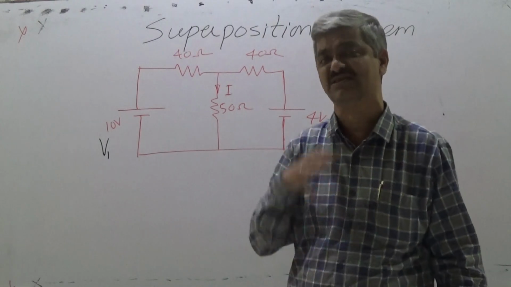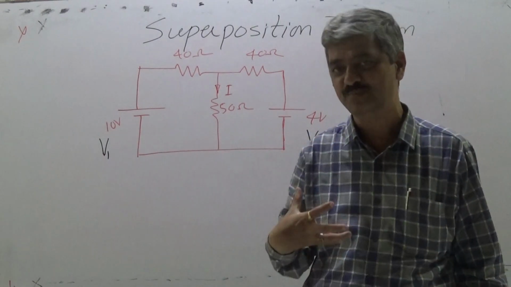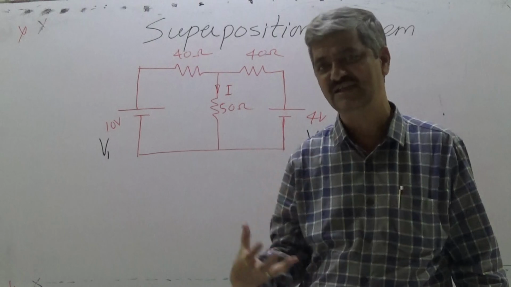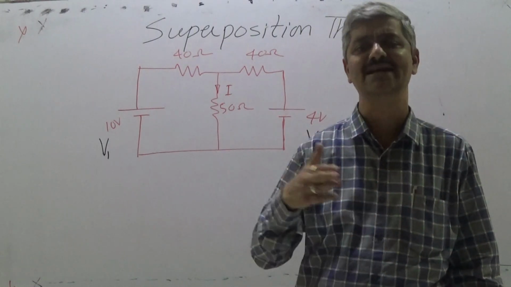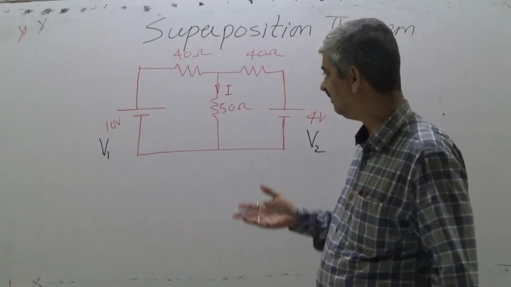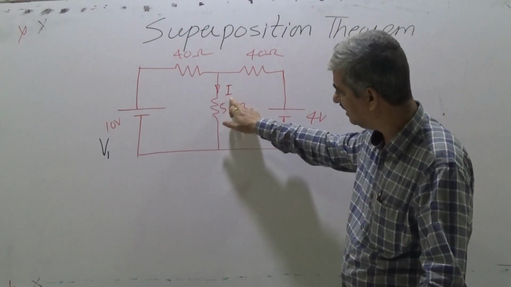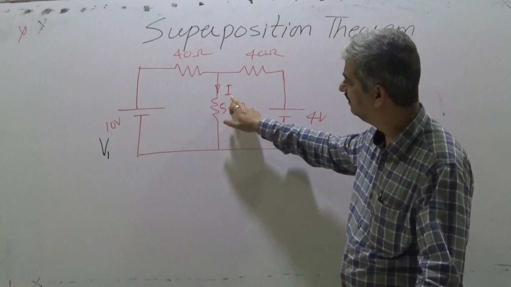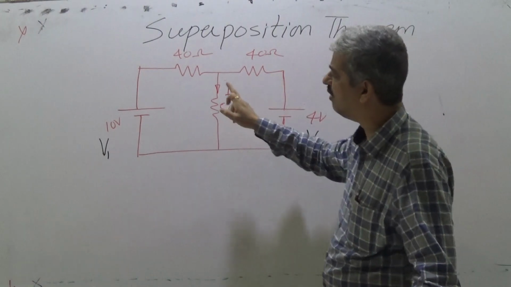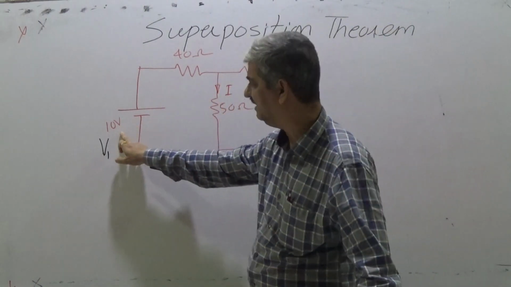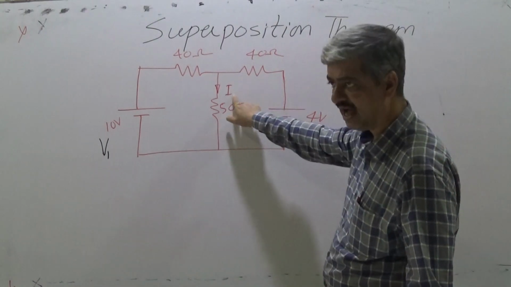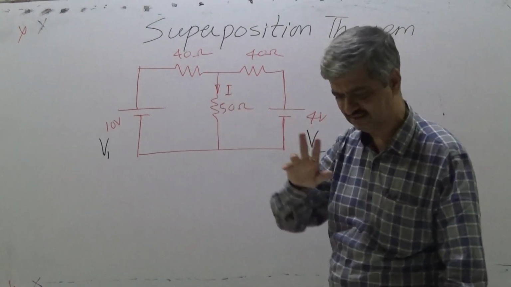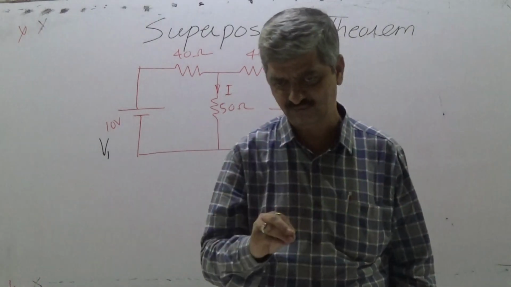Thevenin's theorem was something which was new, a fundamental theme, but superposition theorem is common sense, considering one at a time. So the current I here will be current because of this 10 volts separately and 4 volts separately. I explain it in simple words.